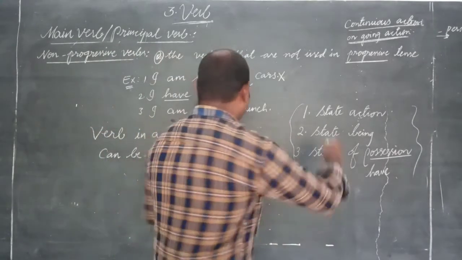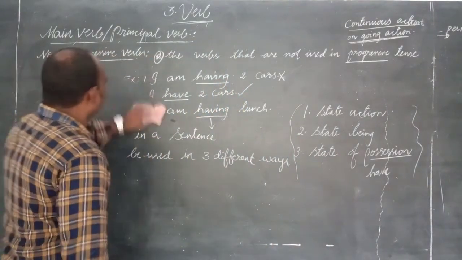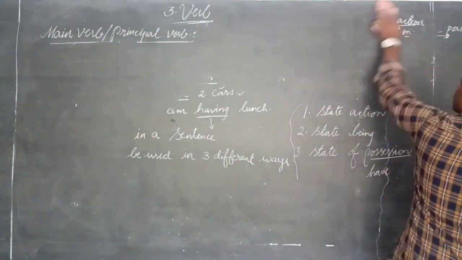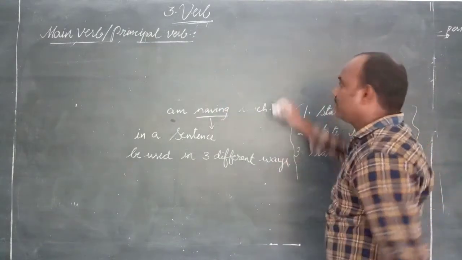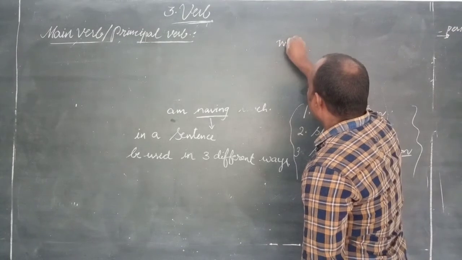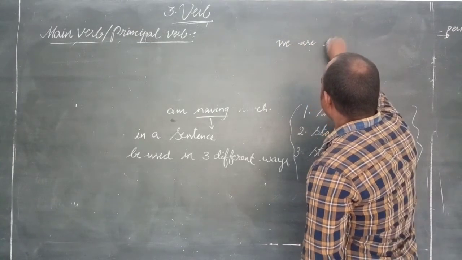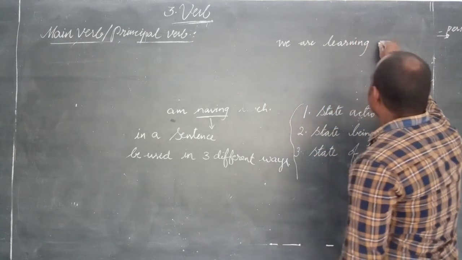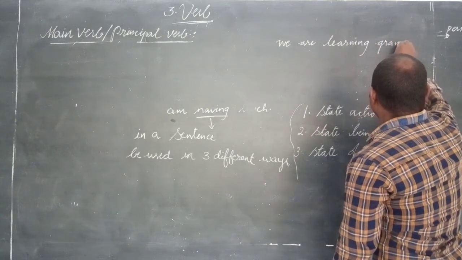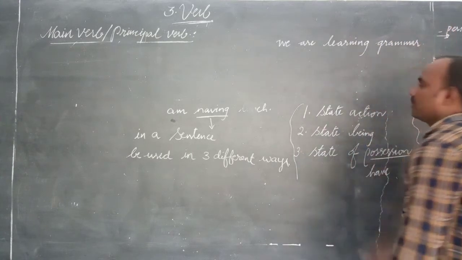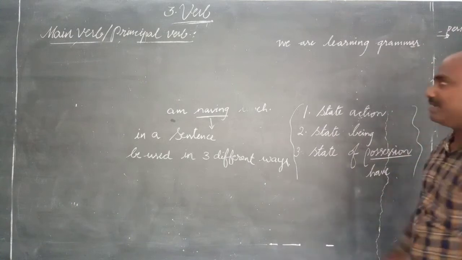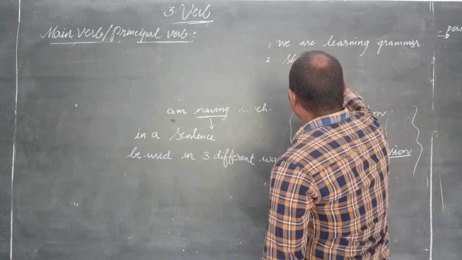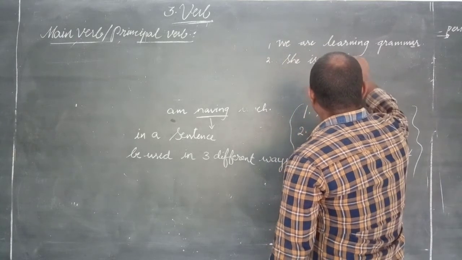For example, state of action. See once. Number 1: We are learning grammar. Number 2: She is a doctor.